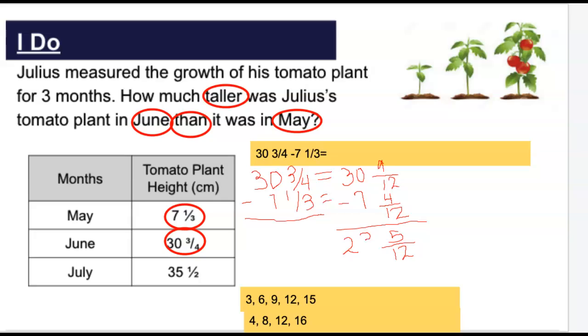So this is the S part of my UPSC check. To answer the question, how much taller was Julius's tomato plant in June than it was in May? The answer is 23 5/12. And I must include my unit from the table, which is centimeters.